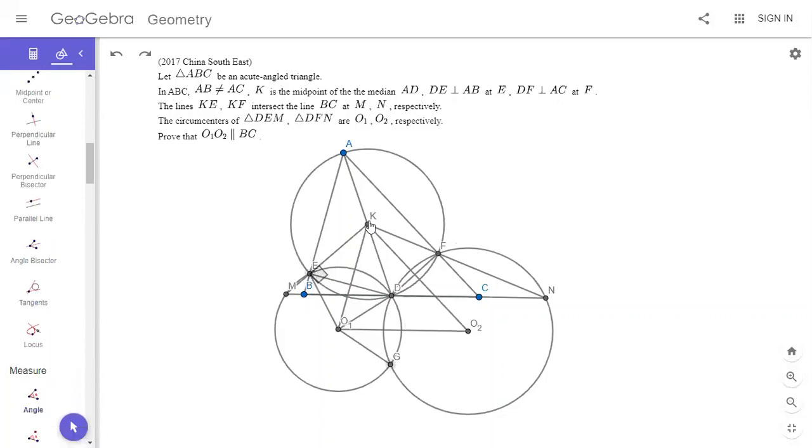So yes. And that's kind of like saying, yeah, this looks a lot like it. So yeah, we want to show like KEGF is cyclic.